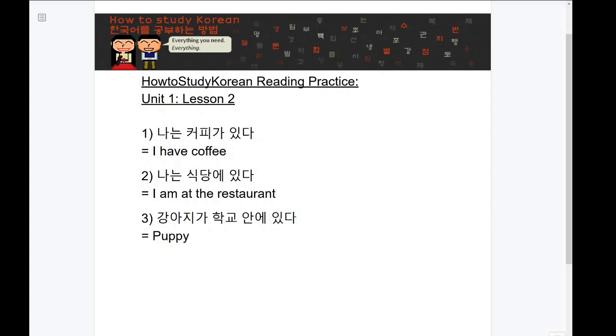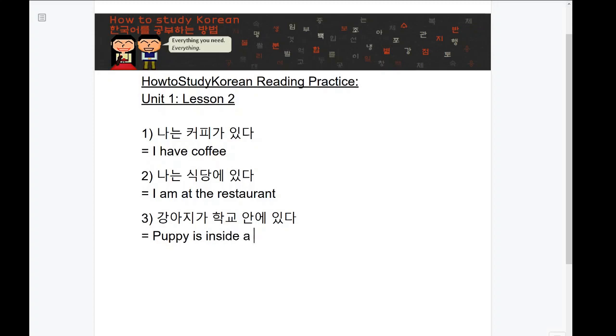So the puppy is wherever this place is, that's where the puppy is at, because that's what the a particle is doing. And an means inside. So it's actually going to be, the puppy is going to be in the location of inside whatever this place is. And 학교 is school. So really the way that you want to say this is puppy is inside school.